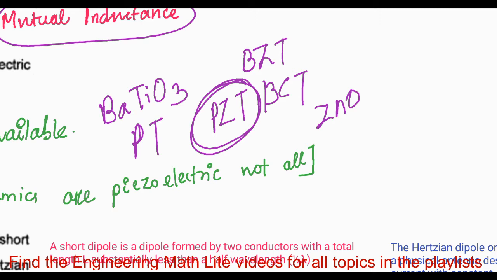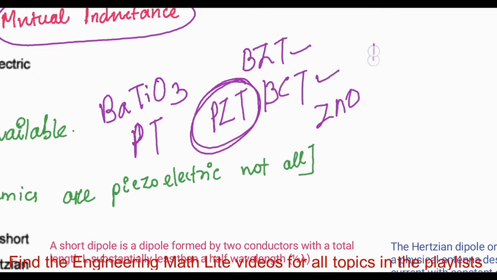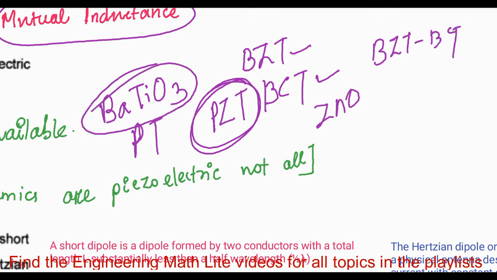And as this is a lead based ceramic, we are searching for lead free ceramics, that is free from lead, which is a dangerous metal for the human body. So we are considering BZT, BCT, also the combination of BZT and BCT, and also other lead free ceramics, that is BaTiO3 also lead free.